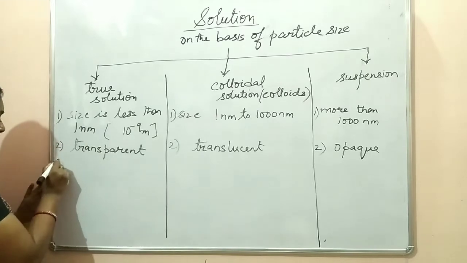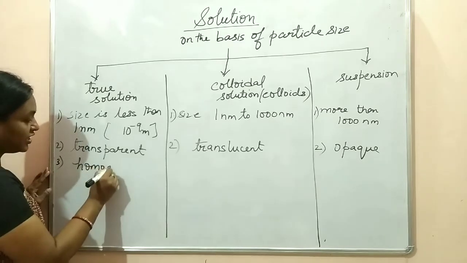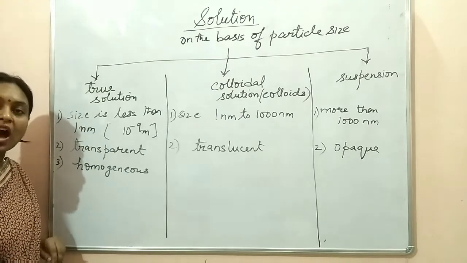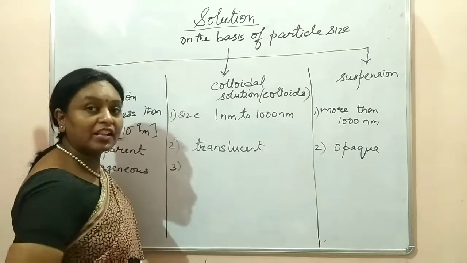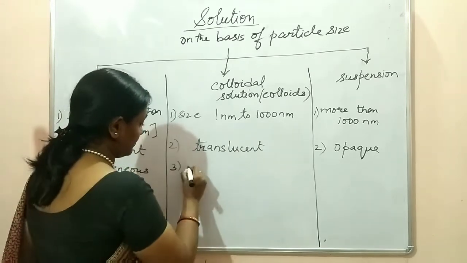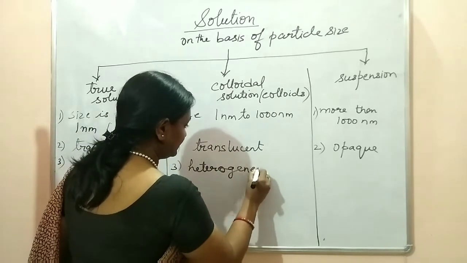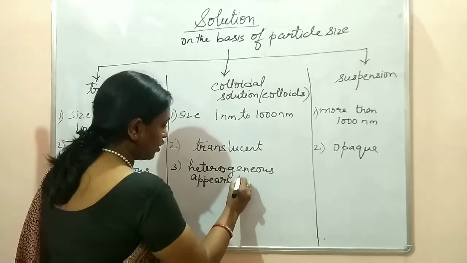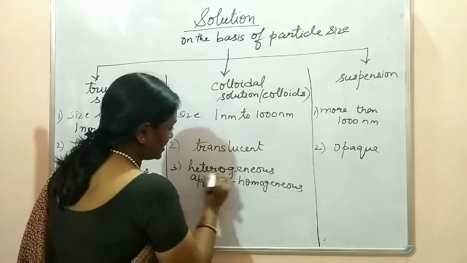Now the third point, a true solution is homogeneous in nature. Homogeneous means both the composition and the properties of the solution are uniform throughout the bulk. A colloidal solution, though it appears to be homogeneous, is actually heterogeneous.